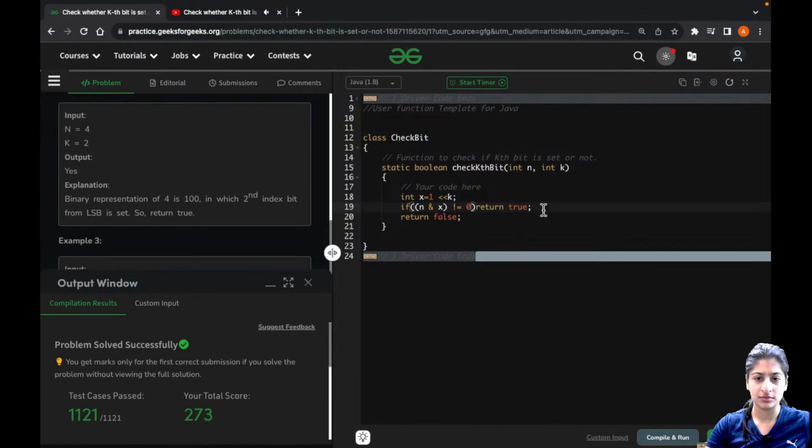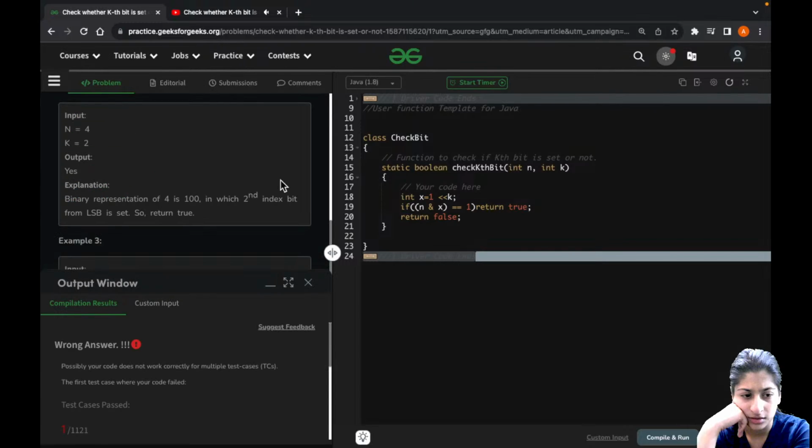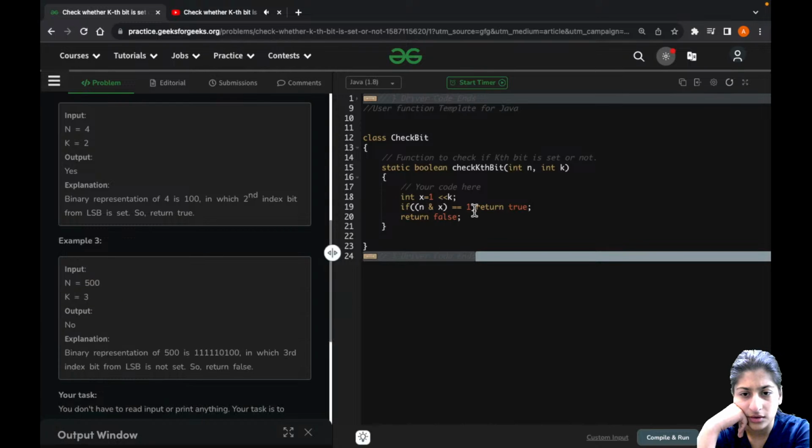That was the issue. Okay, so if it is not equal to 0, we are returning true. What was the issue with 1? I'm just checking why that was failing. Okay, got it.